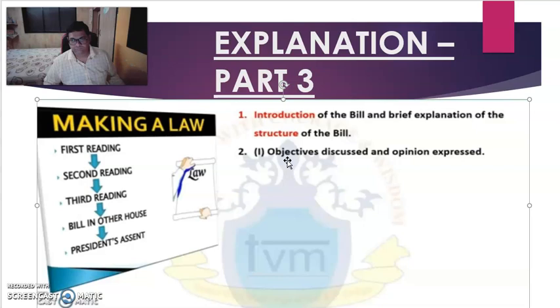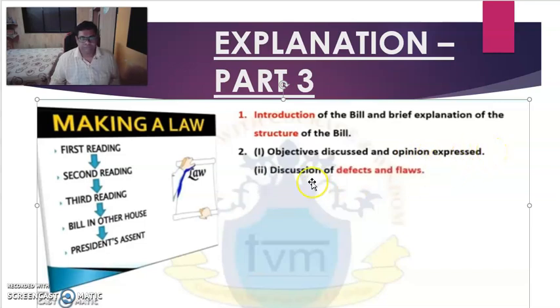In the first stage, the aims and objectives of the bill are discussed and members in the House express their opinions on it. After that, the members who support the bill give a favorable opinion, and the opponents, the members who are not in favor of the bill, discuss the defects and faults in the bill.